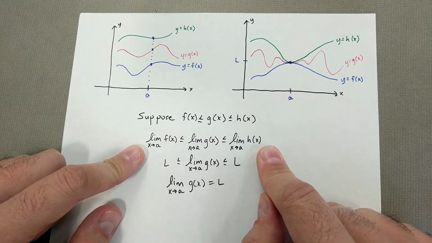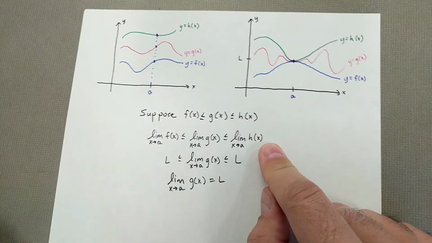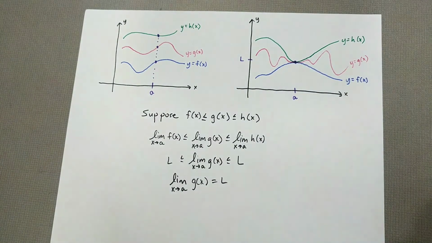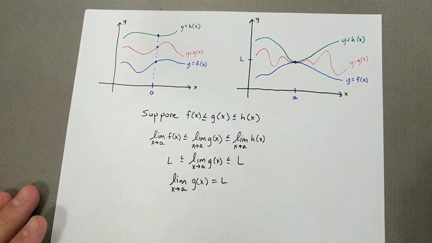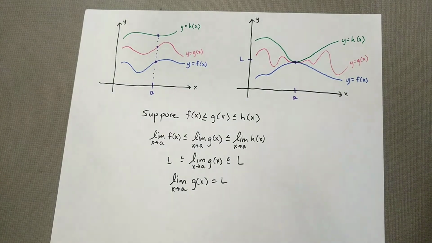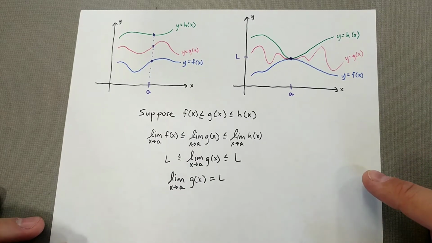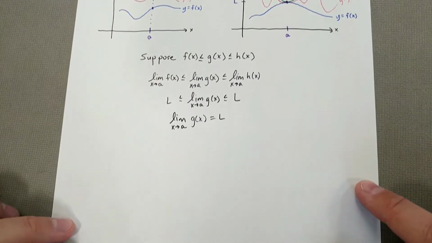So let me show you an example of using the squeeze theorem. Oftentimes you'll see that squeeze theorem problems have you verify a limit. Like it'll say, show that the limit of blah equals 2. This one we're just going to do from scratch. I'm not going to tell you what the answer is, and we'll just get to it from there. So here we go.